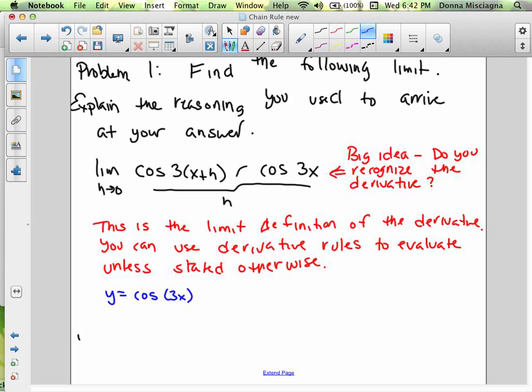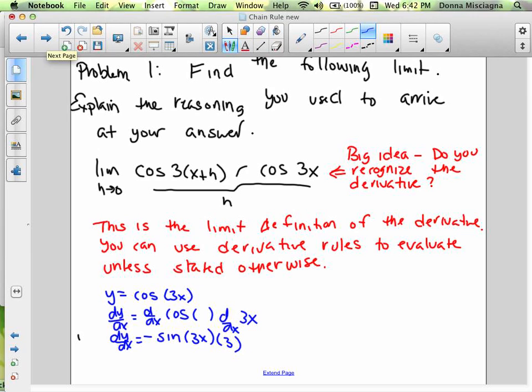So the derivative dy dx is equal to the derivative of the cosine blob times the derivative of the blob, the derivative of 3x. So the derivative of cosine blob is going to be negative sine blob, and of course the blob is 3x, and then the derivative of 3x is 3.